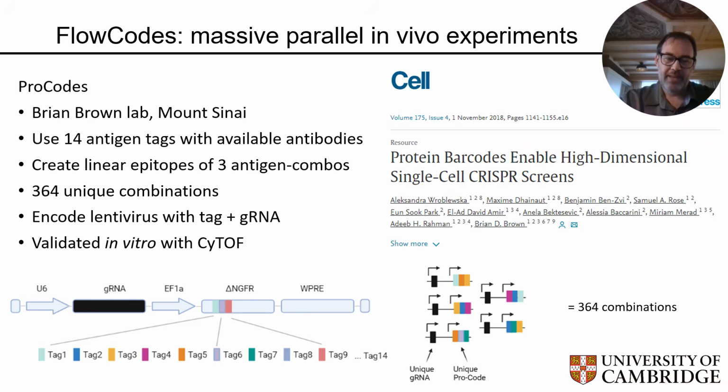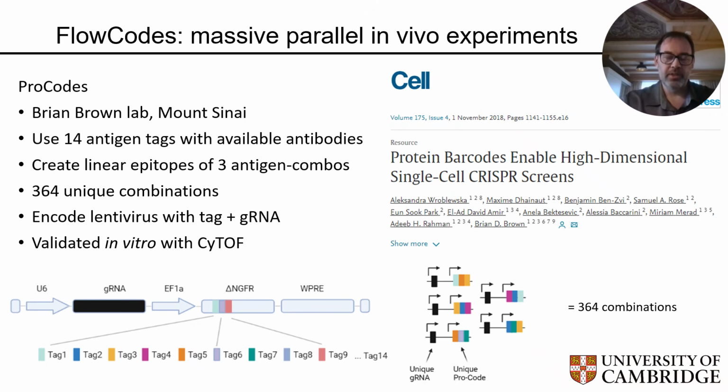That means that you can have a mixture of lentiviruses containing 400 different guide RNAs to knock out 400 different genes, and each of those lentiviruses will have a different triplet combination of 14 basic antigens. So just by measuring 14 antigens with antibodies, you can work out for every single cell whether it is a knockout for gene 1 up to gene 200.